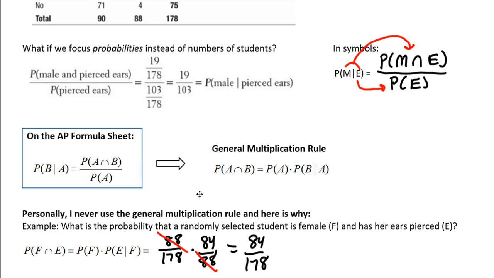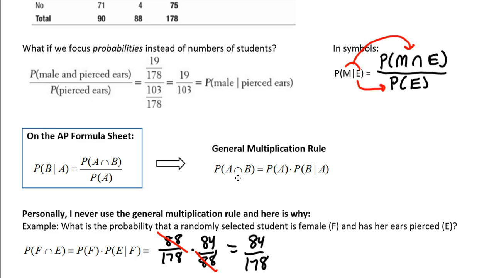This could also be rearranged to do what's called the general multiplication rule. The general multiplication rule says that the probability of A and B equals the probability of A times the probability of B given A. So the probability of A times the probability of B given that A has already happened, multiply those together, and that's the probability that both of them happen.